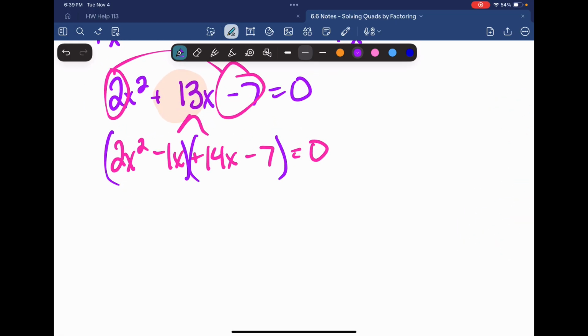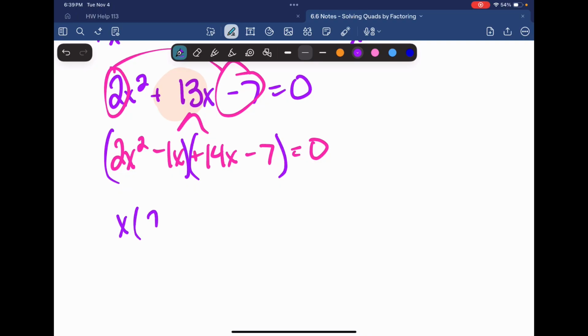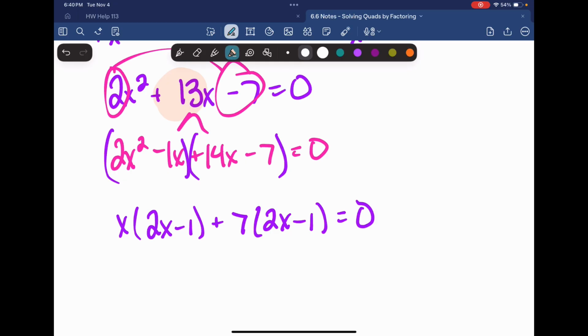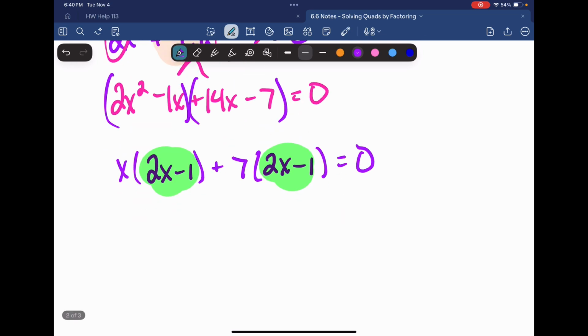You want your GCF of the first group, that's x. Bring down that plus sign. GCF of the second group is a 7. Common binomial factor. And then what goes in the second parentheses is your x plus 7.